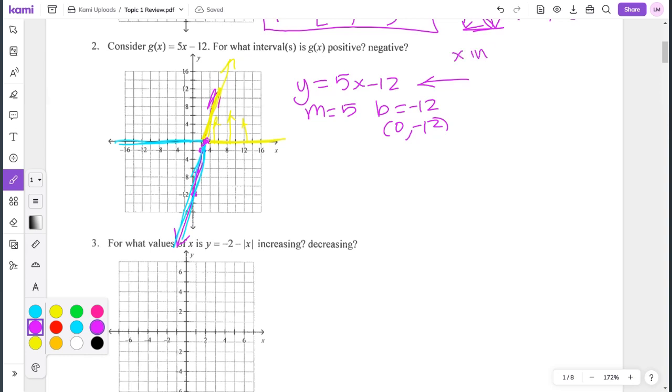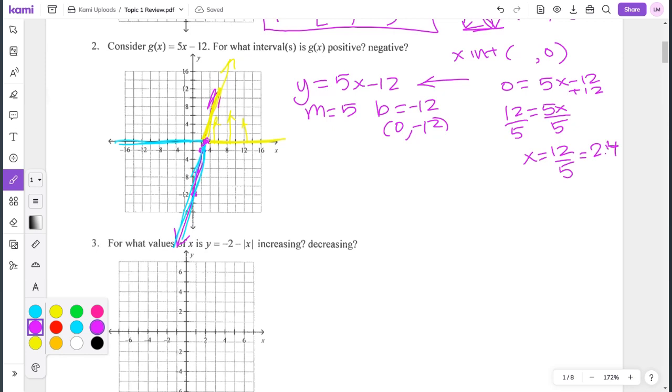So I know x-intercept, no matter what my graph is, line or parabola, I put 0 in for y. So 0 equals 5x minus 12. I'm going to add 12 to both sides and divide by 5, and I get x equals 12 over 5, or 2.4. And I put that on the calculator, 2 and 2/5, or 2.4.